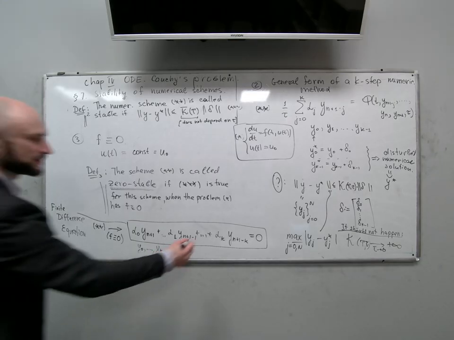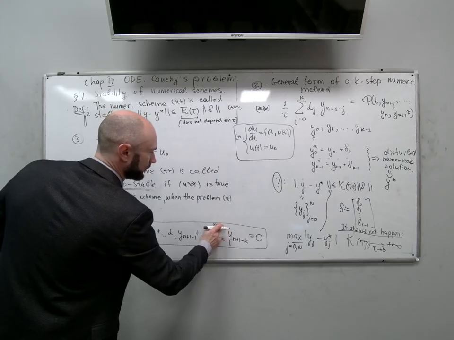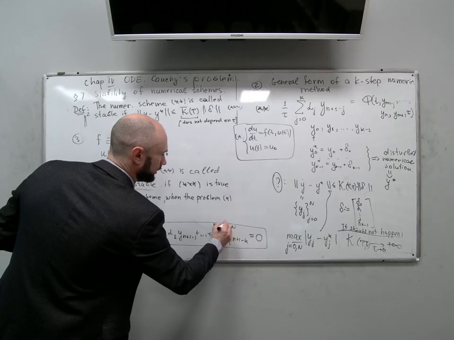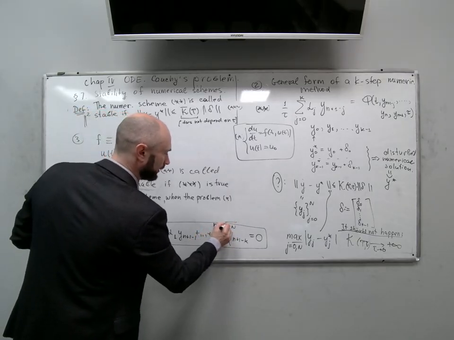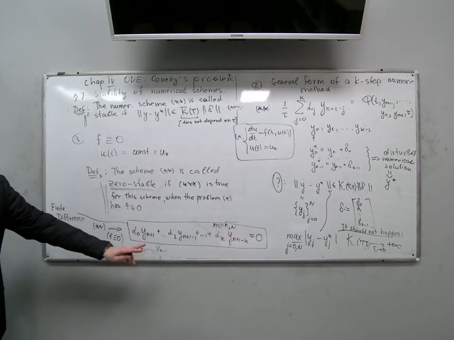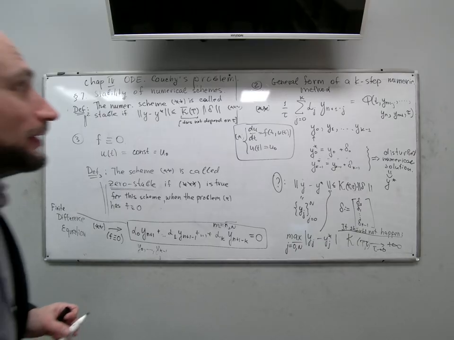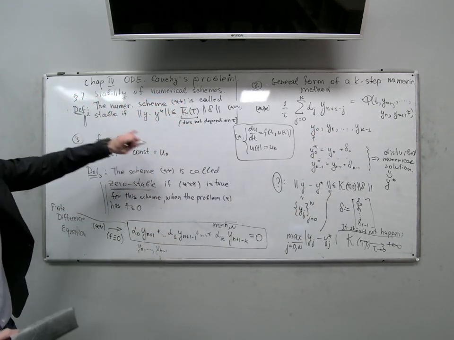Right? So this equation is defined for any n, from 0 to n, or maybe better to say from k to n. Do you follow? So why it doesn't have time? This is our numerical scheme that approximates the original problem star.